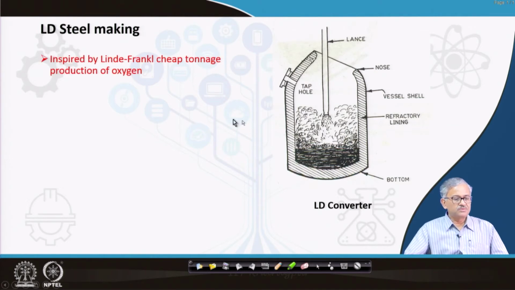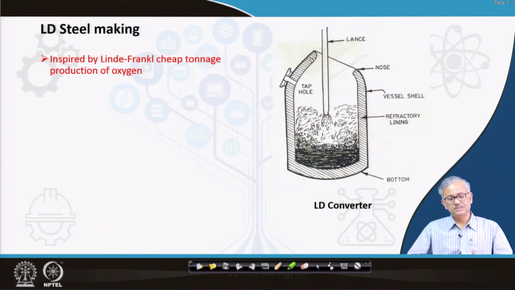Okay. Now, this LD process, I say, is inspired by the Linde-Frankel cheap tonnage production of oxygen, because a similar thing, that is the purification of hot metal using oxygen, was also conceived by Bessemer. At that time, Bessemer used air only as a source of oxygen, and it was also an autogenous process.